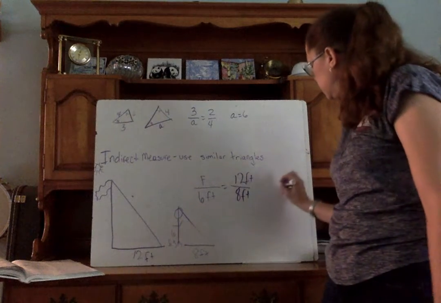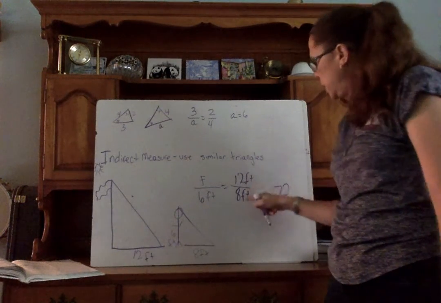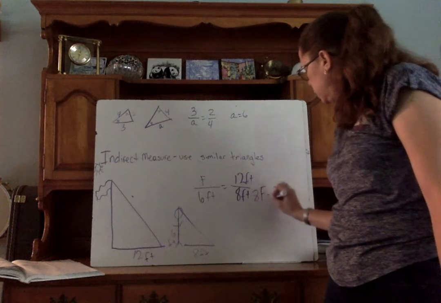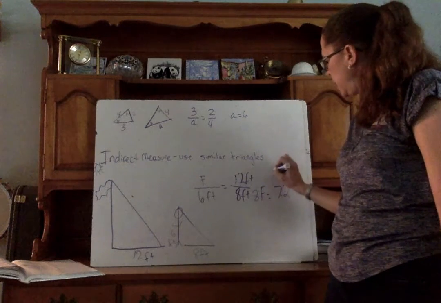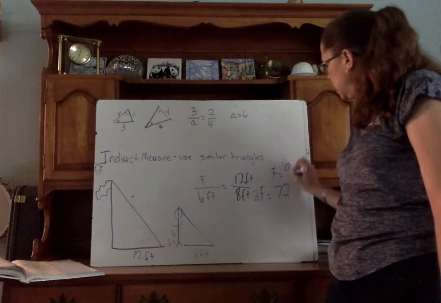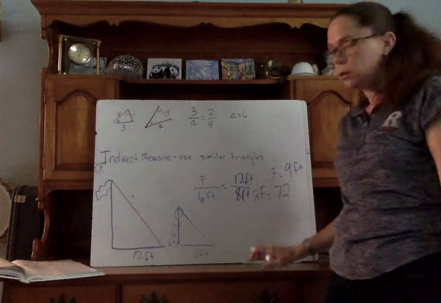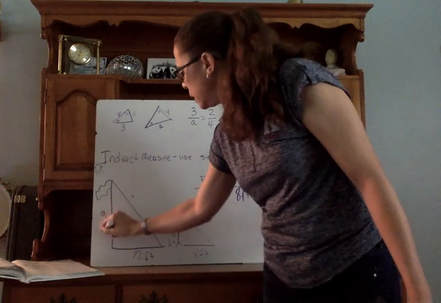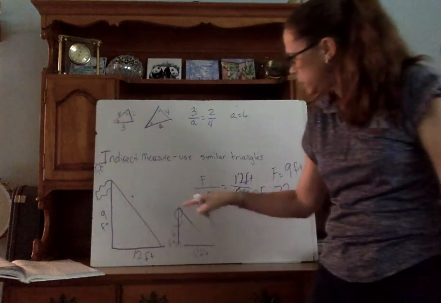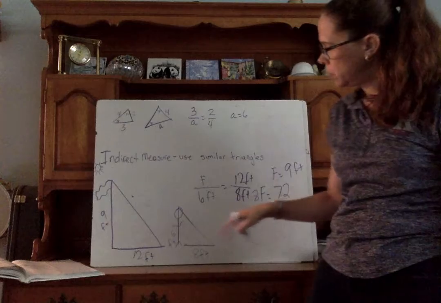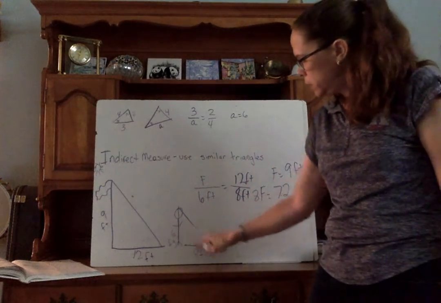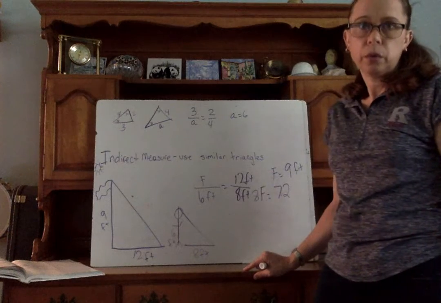6 times 12 is 72. 8F is equal to 72. Divide, F, the flagpole has to be 9 feet tall. Okay? So I'm saying 9 is to 12 as 6 is to 8, which is interesting because 9/12 reduces to 3/4. 6/8 also reduces to 3/4.